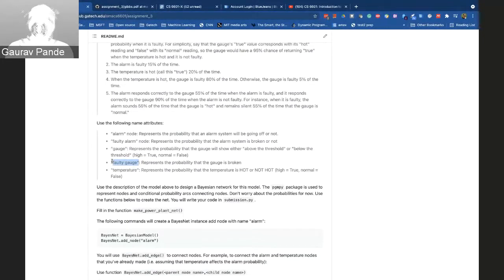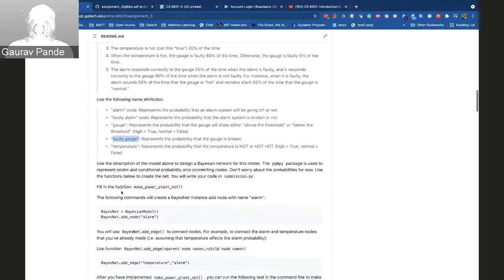The reason I'm saying this is that in the Bayes net, when you call the function here to add the alarm, the node will be named alarm. Many times, in the previous assignment also, I have seen students make syntax mistakes, where they misspell a name or have an extra space, and when they add it, something breaks.